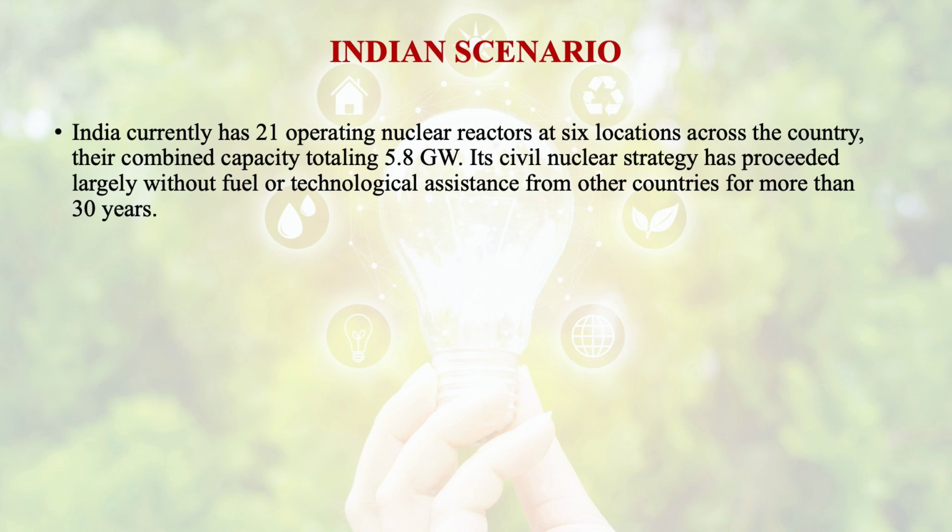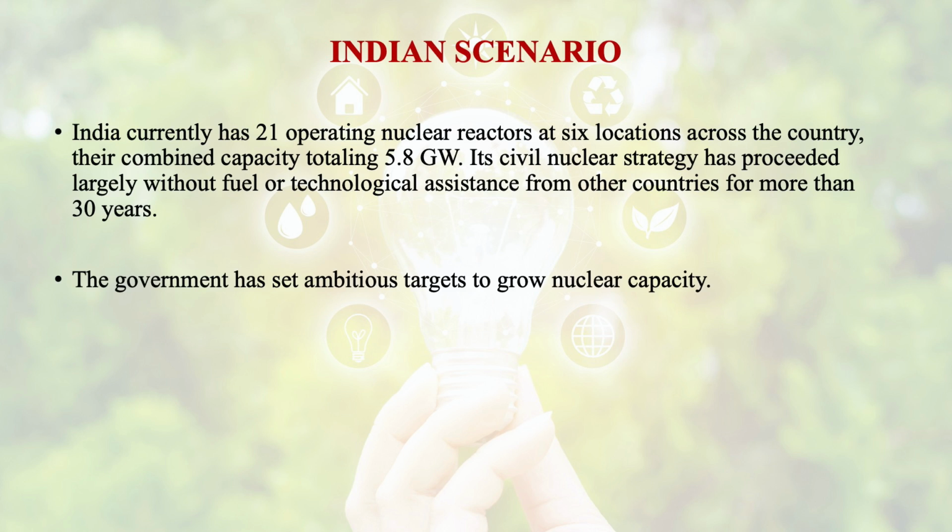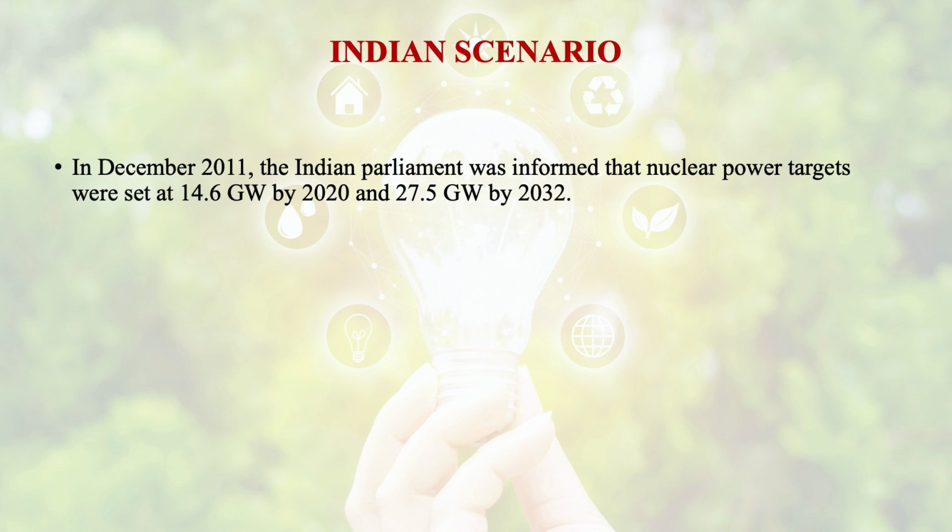India currently has 21 operating nuclear reactors at 6 locations across the country, and their combined capacity totals 5.8 gigawatt. Its civil nuclear strategy has proceeded largely without fuel or technological assistance from other countries for more than 30 years. The government has set ambitious targets to grow nuclear capacity. In December 2011, the Indian Parliament was informed that nuclear power targets were set at 14.6 gigawatts by 2020 and 27.5 gigawatts by 2032.